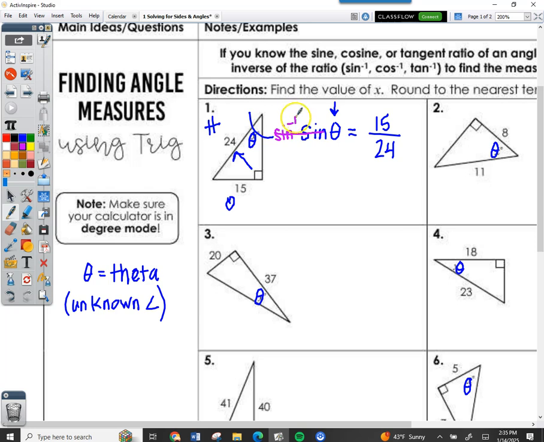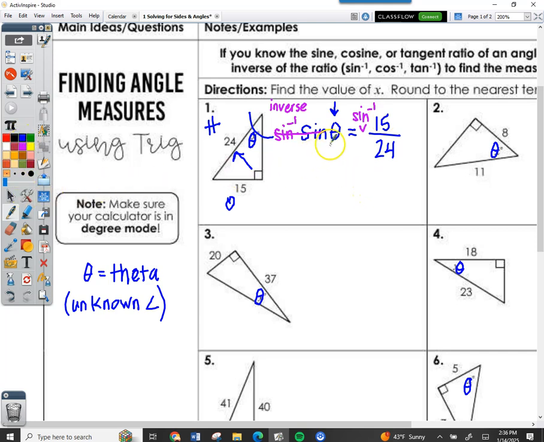This little -1 means inverse. Now, whatever you do to one side, you have to do to the other. I don't want you to multiply it over here because then it won't make sense. It really needs to go right here in the front. Sine inverse.